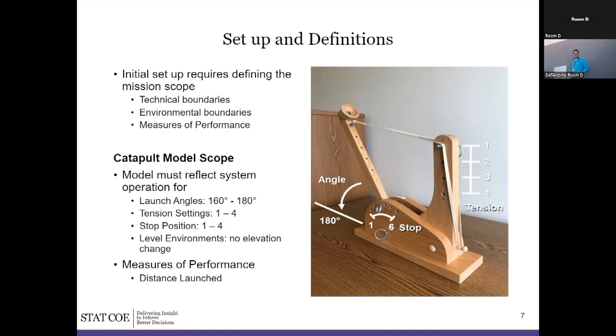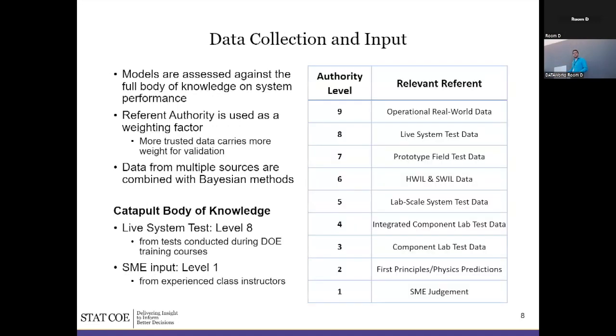And then for the sake of this validation, we consider no environmental changes. So this is largely valid over flat surfaces. Again, mission measure of performance is distance launched.